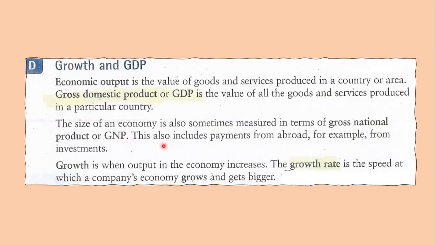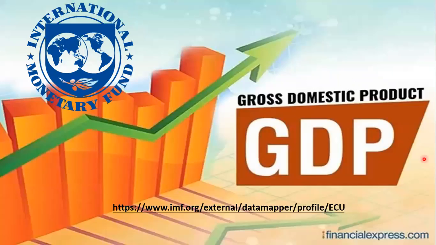This also includes payments from abroad, for example, from investment. So growth is when output in the economy increases, so the production of a country grows. The growth rate is the speed at which a country's economy grows and gets bigger and bigger. And that's it so far.